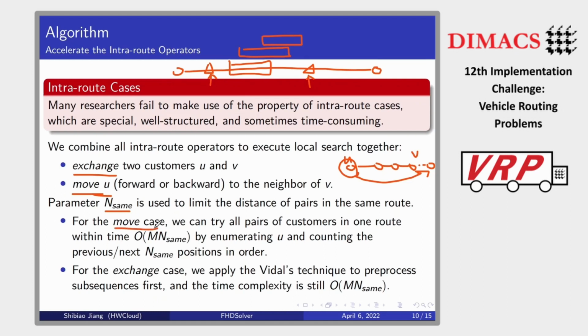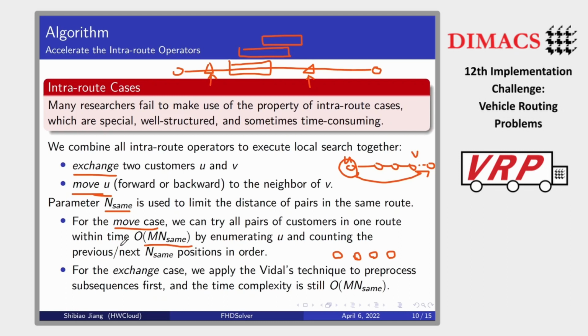For the move case, we can try all pairs of customers in one route with time O(m multiply nsim) by enumerating U and counting the previous or next nsim positions in order. It means that we first enumerate the customer U, and we continuously add a customer, and add a customer, and we just evaluate each step.